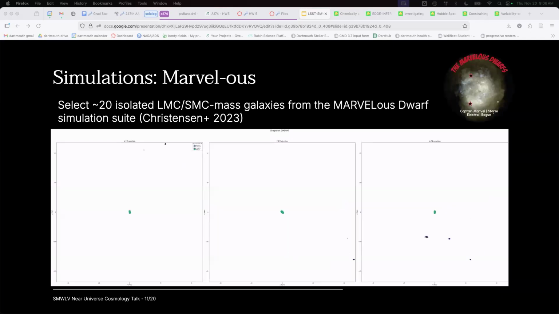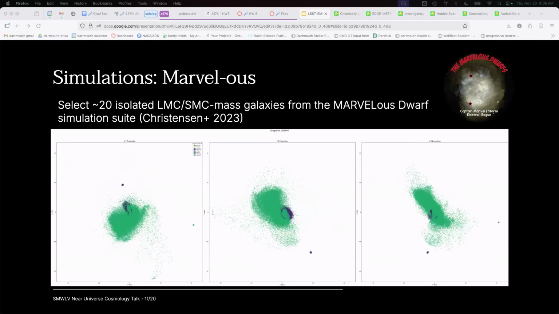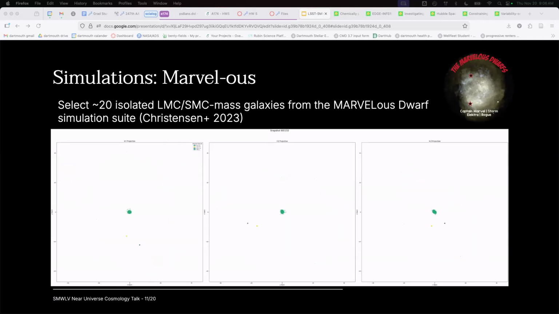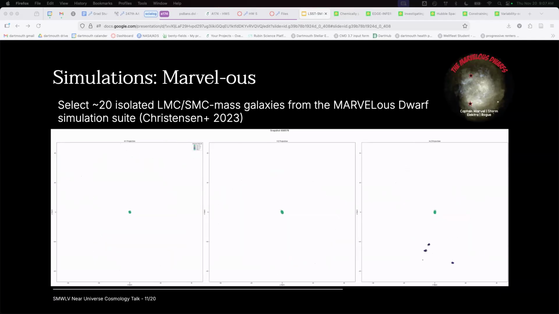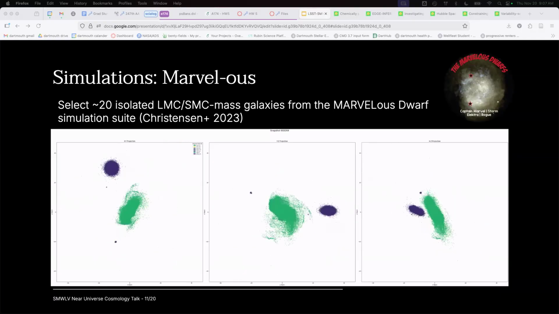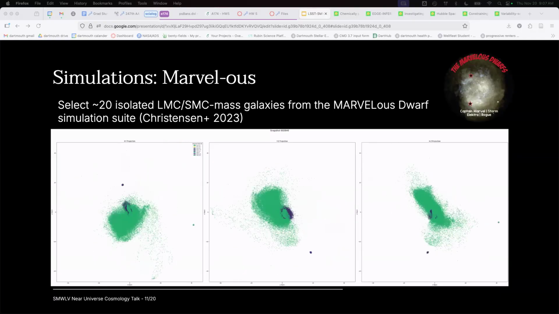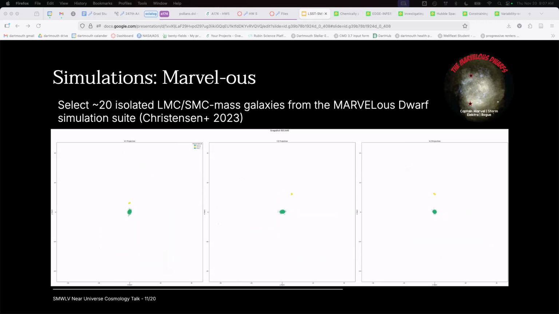To do this, we use the Marvel-ous Dwarfs cosmological simulations. We select roughly 20, maybe a few more, LMC or SMC-mass galaxies from these simulations. We make mock observations with resolved stars, inject them into a background using the LSST photometric system to try to understand what we're going to see and make some predictions.